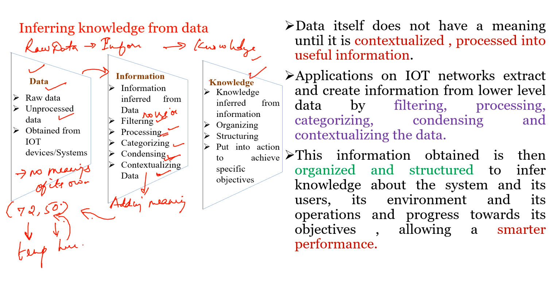Now the information is transformed into knowledge. How is knowledge obtained? Knowledge is inferred from the information by organizing and structuring it and putting it into action to achieve specific objectives. What is meant by organizing and structuring?